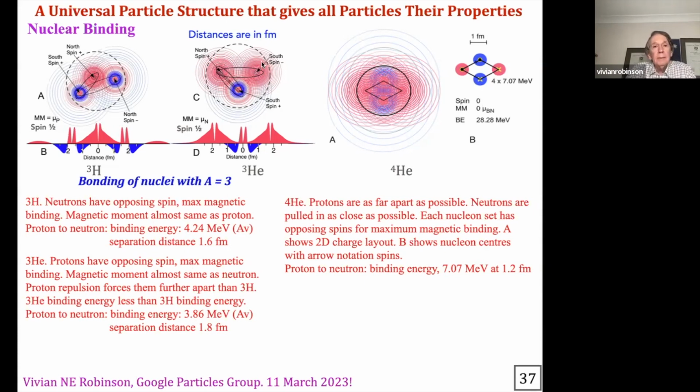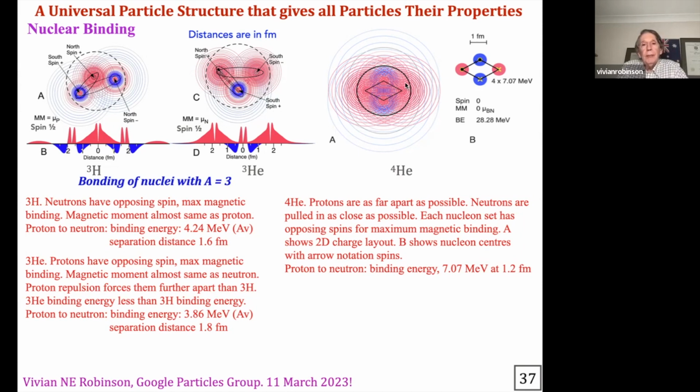The spins cancel out, so they again have a residual spin of half h-bar, and their magnetic moment will essentially be that of the residual neutron, which is of course what is observed.